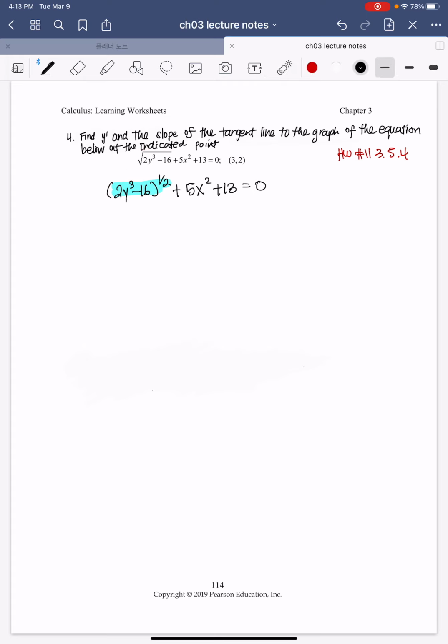So when you take the derivative of this first function, I'm going to use the chain rule. And recall the chain rule from last section: if you have f of x equals g of h of x, then f prime of x is g prime of h of x times h prime of x.